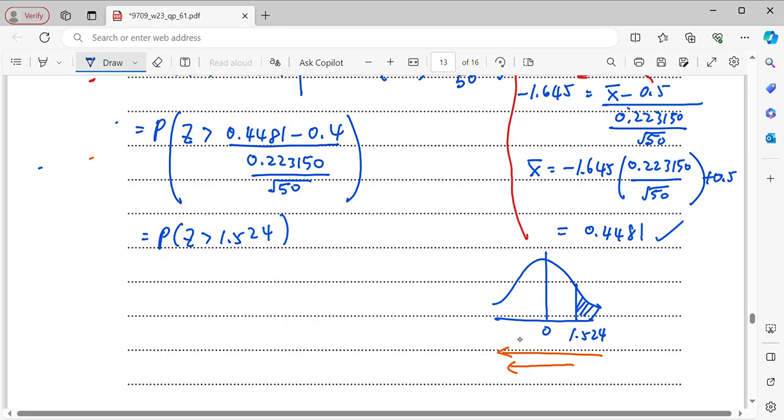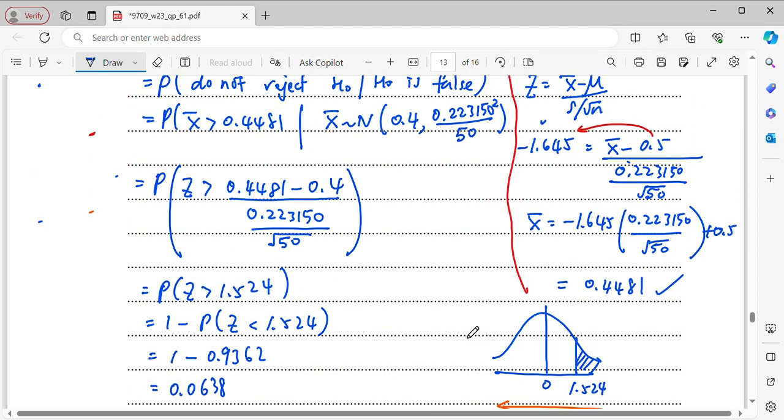So here I will be getting 1 minus P of Z less than 1.524. Then it is 1 minus, that probability is going to be 0.9362. And at last, you will be getting 0.0638. Okay, so that's all for this working.